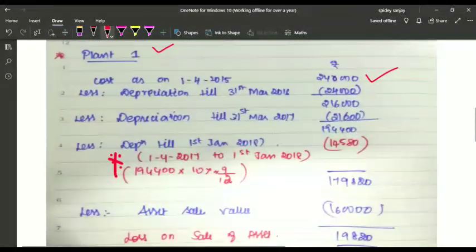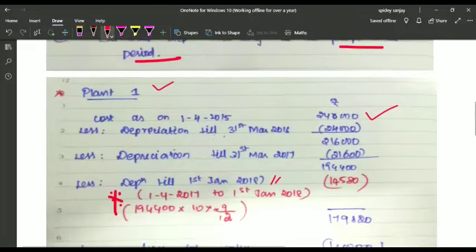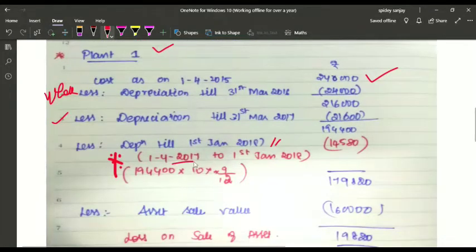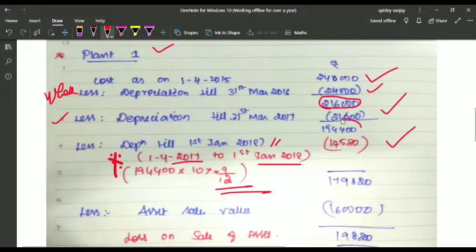This is for the whole year, this is also for the whole year, and for 1st April 2017 to 1st January 2018 we need to calculate only for 9 months, depreciating as per the diminishing balance method, that is, reducing from the WDV of the asset.